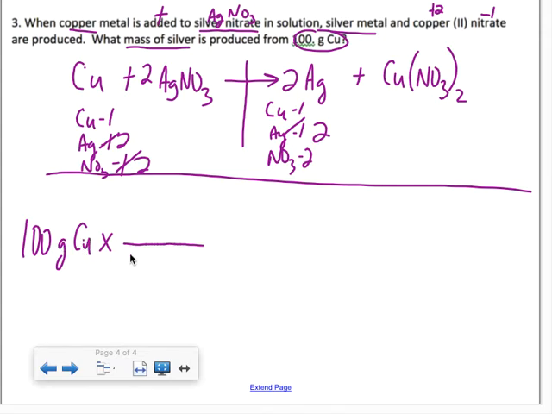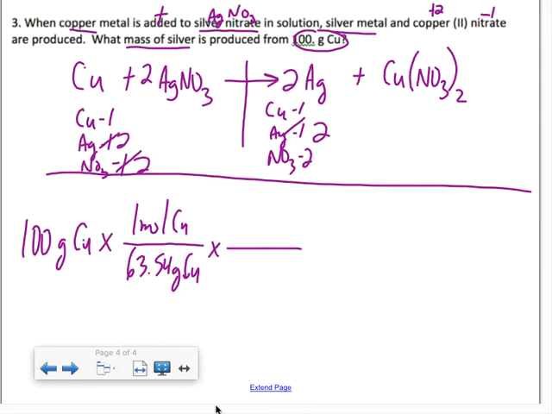So what's the molar mass of copper? Look at the periodic table. The big one in my room says 63.54. 63.54 grams of copper is equivalent to 1 mole of Cu. Now I'm going to set up my mole ratio.